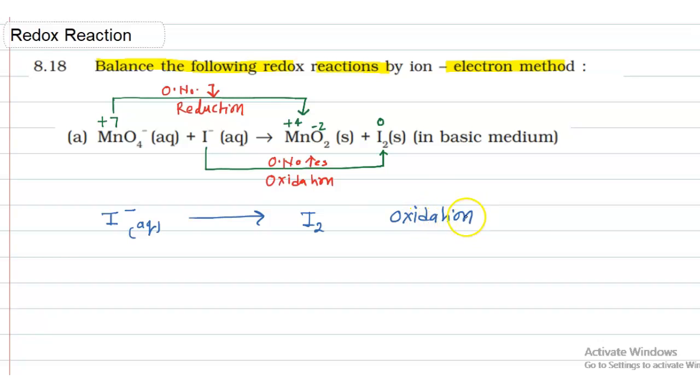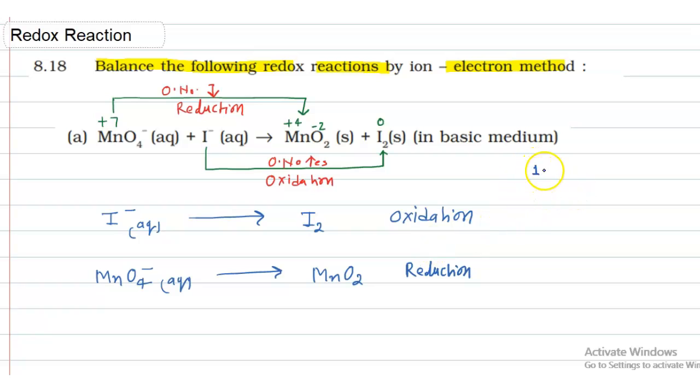Next, MnO4 minus aqueous changes into MnO2. Now this is the reduction.